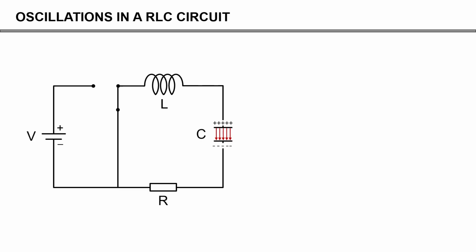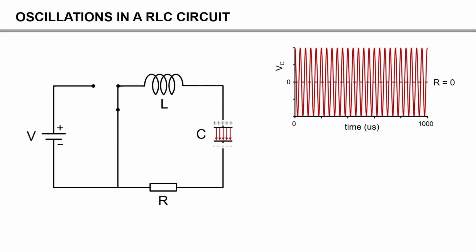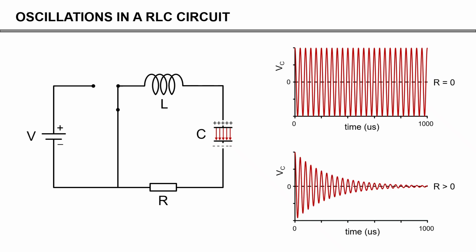Now, of course, I ignored one aspect of this circuit. This circuit is of course made of copper wire, and the wire has a certain amount of resistance. So instead of this going back and forth infinitely, the resistance basically leads to a little bit of energy loss, and so over time the back and forth gets less and less as heat is lost over the resistor.